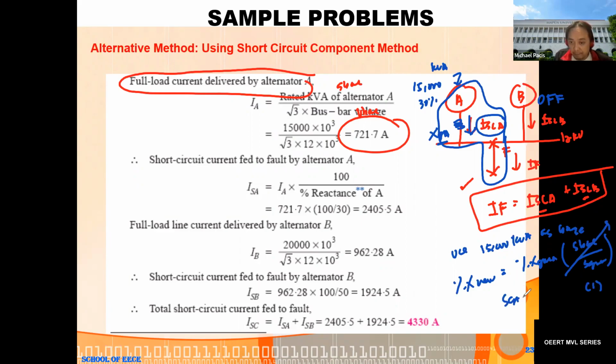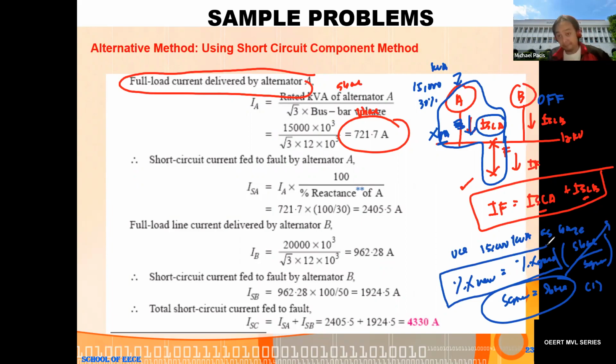If S given is equal to S base, the formula for the change of base is definitely X new is equal to X given na. Diretso na siya. Okay? So whatever the given is, that will be the new value of the base for the reactance. And thus, as you can see, the reactance of A is also 30% in this case, simply because the given is 30% at 15,000 and the base is 15,000, the answer is 30% as well.